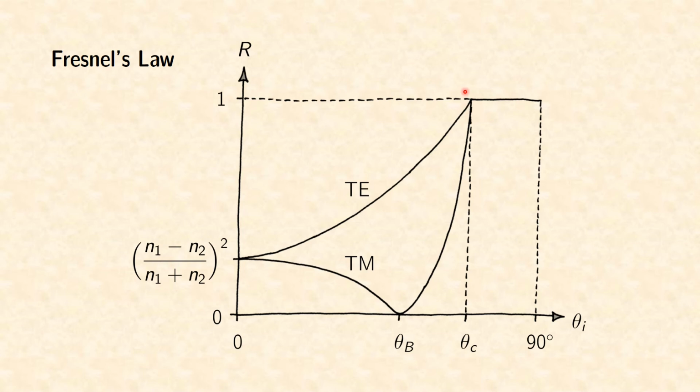Okay, so that's all for today. We used the boundary conditions for the electric and magnetic field at material boundaries to calculate the reflected and transmitted plane wave from an incident plane wave.